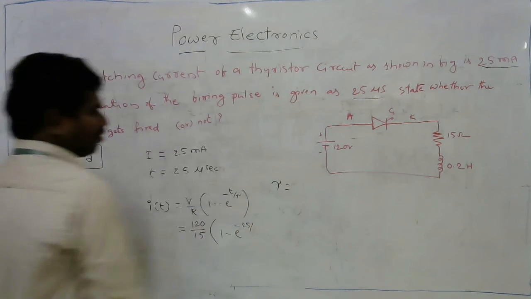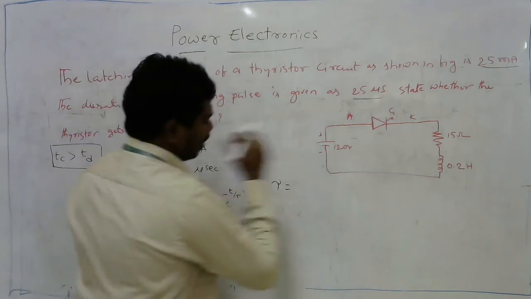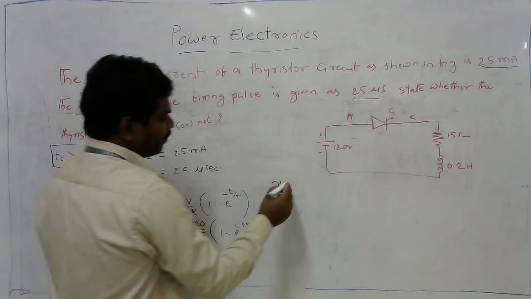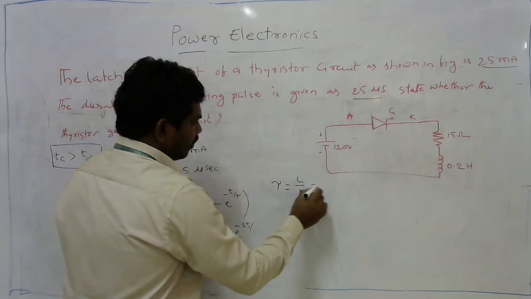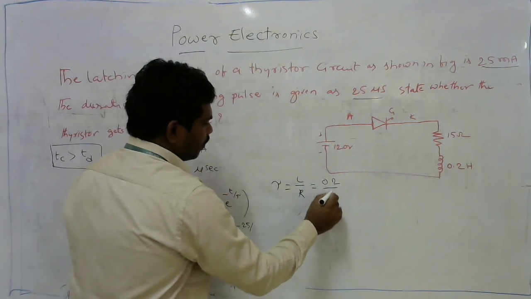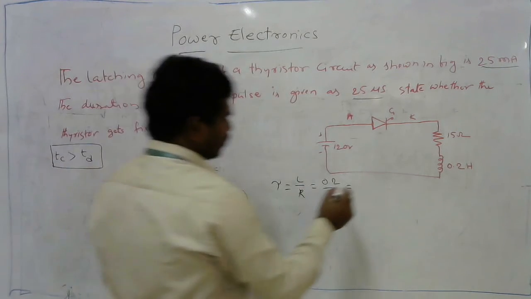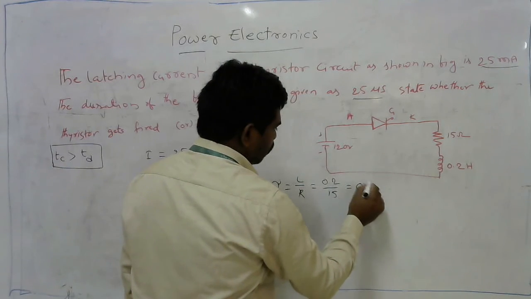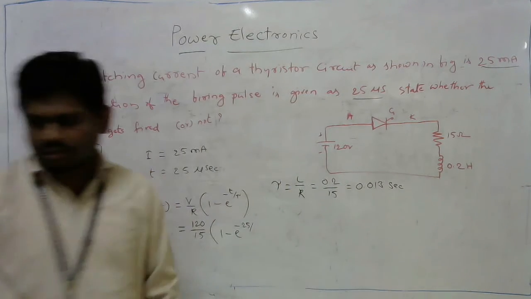So we have to find out the tau value. Tau means time constant. It is an RL circuit, so the time constant for an RL circuit is L by R. Then find the value, 0.2 upon 15. This will become 0.013 seconds, if I am not wrong.